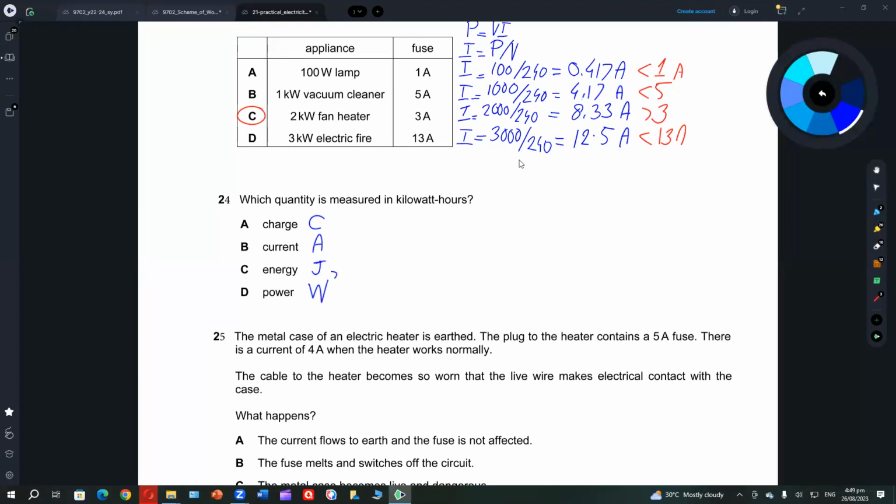Energy is measured in joule and also measured in kilowatt hour. Yes. C.